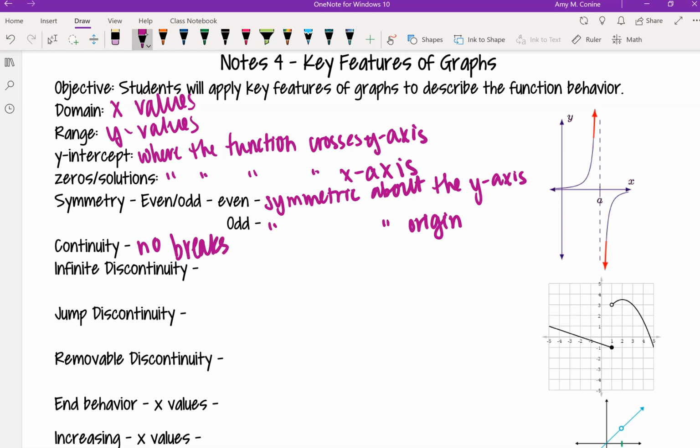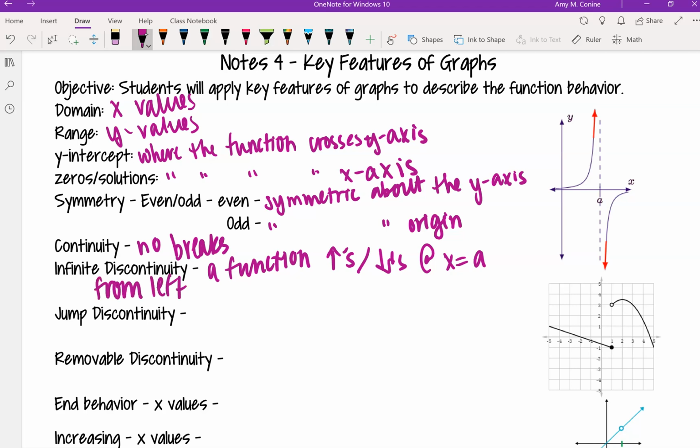If you have infinite discontinuity, so if you have a function that increases, I use arrows for increases or decreases, at a value, let's say x equals a, from left to right.